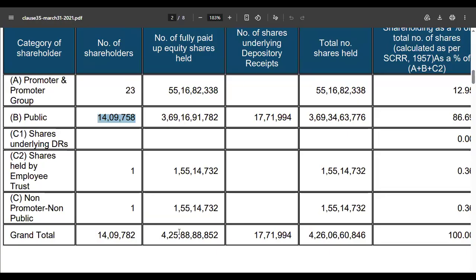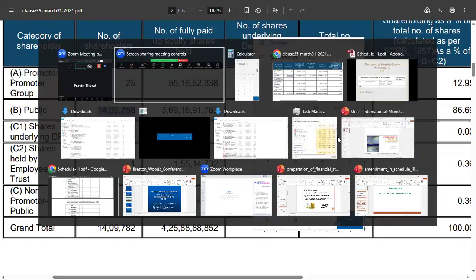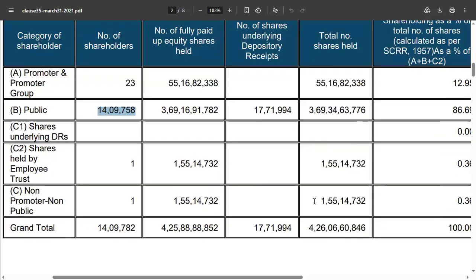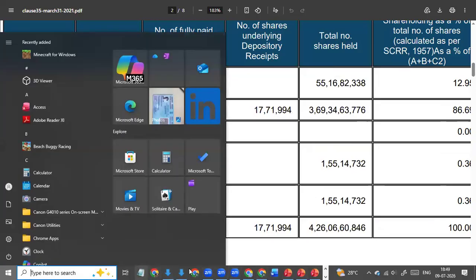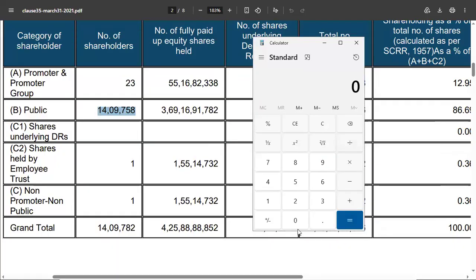Let me share the entire screen. Okay, now the calculator is visible to you.